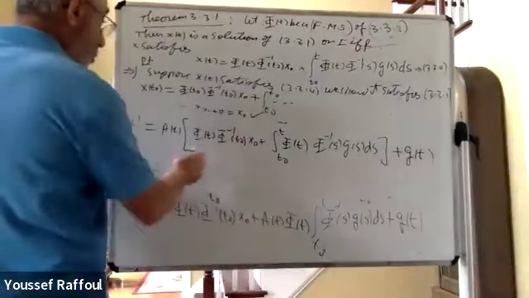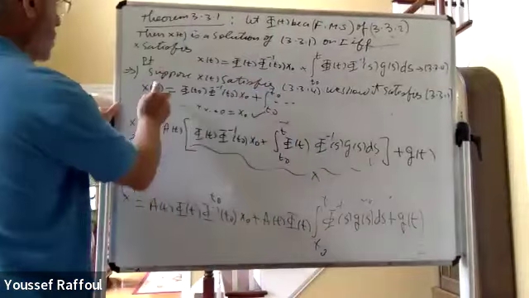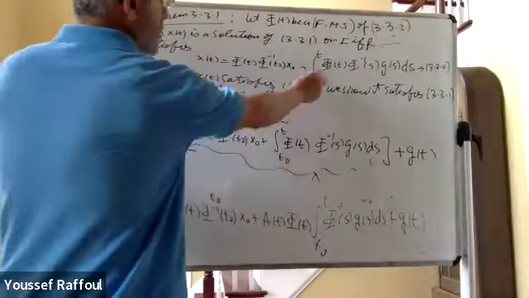But what is x? This is x by definition, because we said suppose x satisfies 3.34.